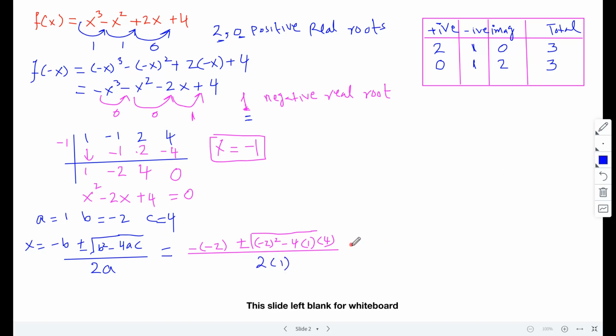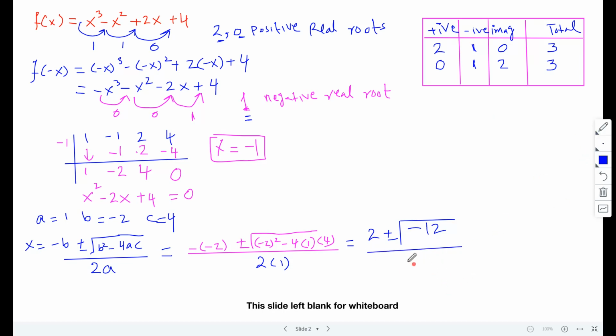Simplifying, minus times minus is plus 2. Negative 2 squared is 4, minus 16, so 4 minus 16 is negative 12. Inside the square root we have negative 12, and below we have 2.